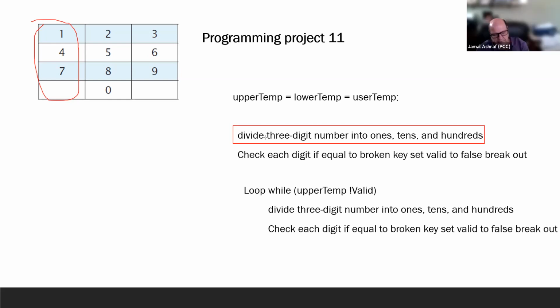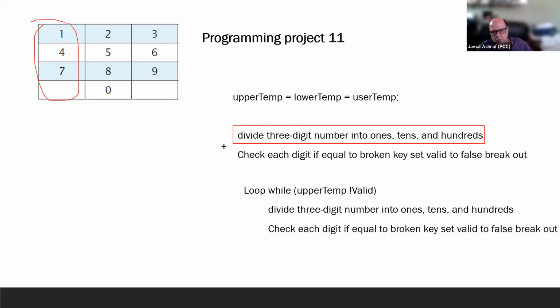And 385 % 10 is going to give me 5. So percent is going to be the leftover or remainder. Division is going to be the left side, whatever we have. So we're going to divide it and get the digits.